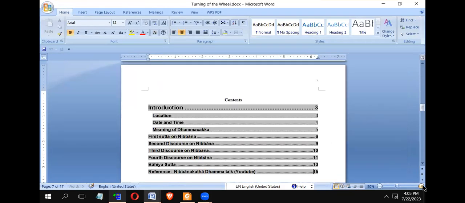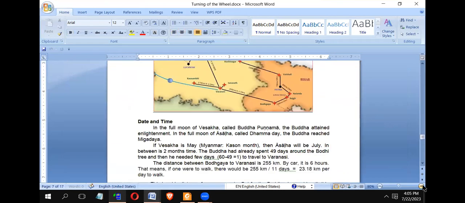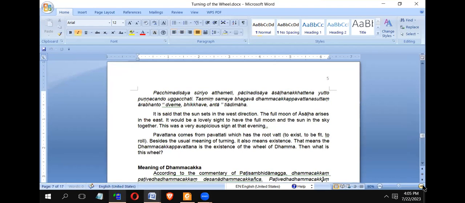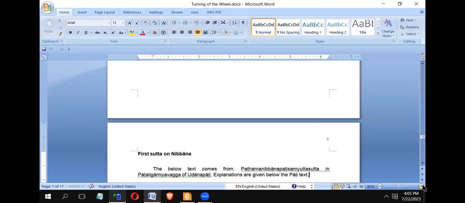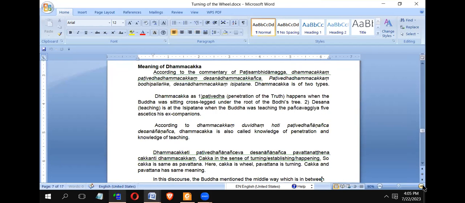All right, the meaning of Dhammacakka. One is when the Buddha attained enlightenment under the Bodhi tree.